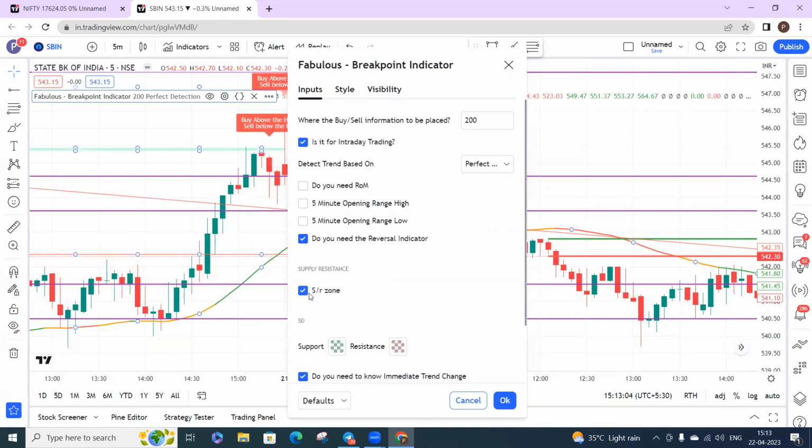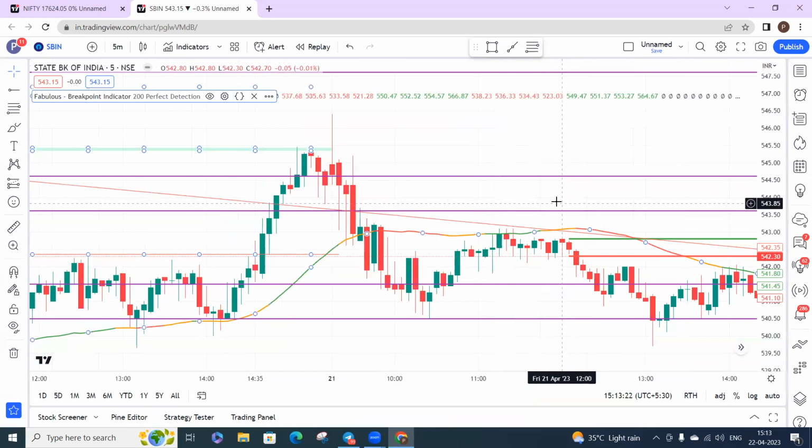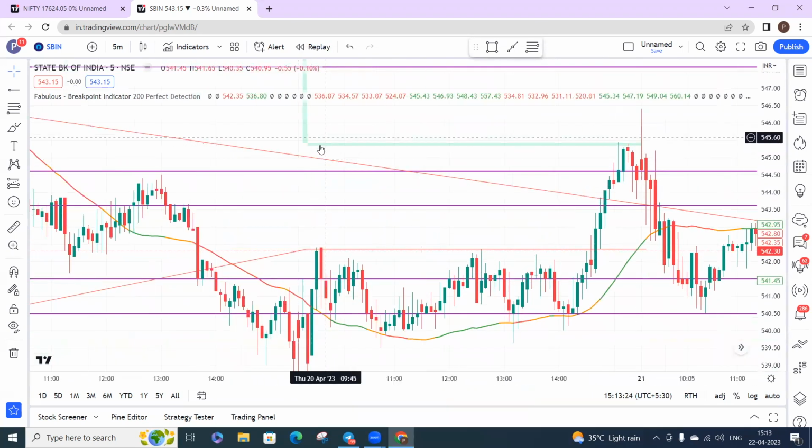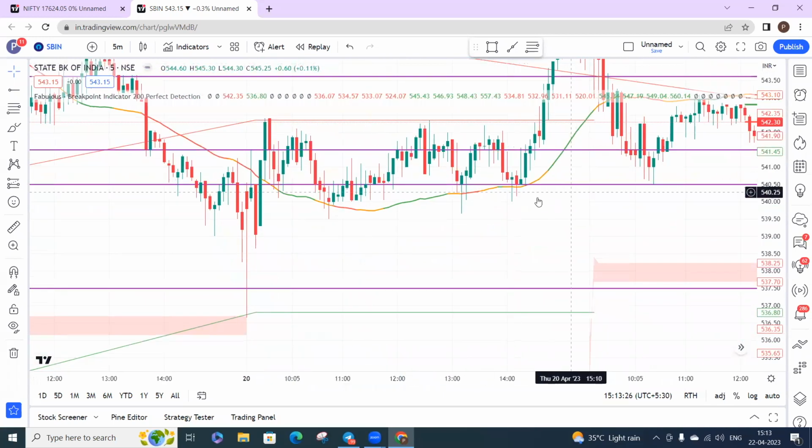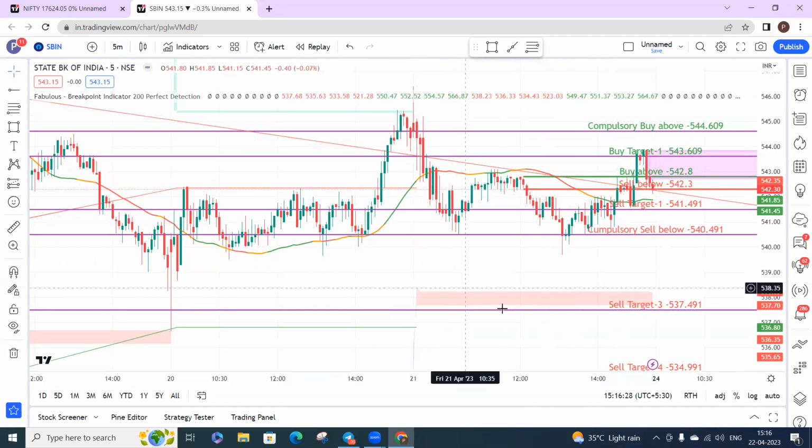It is not like range of the market, where you have to go to the settings and enable everything. When you use the fabulous indicator, you can remove everything, but you will not be removing the hidden resistance area, which I have. This is very, very important.